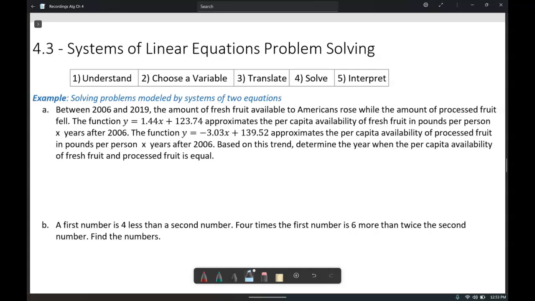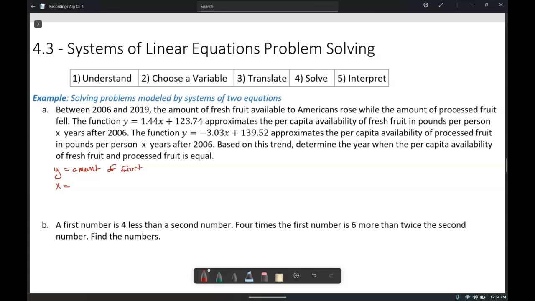But what we're basically looking at is two functions modeling the sale of fresh fruit versus processed fruit. And we have our variables where y represents the amount of fruit. In one equation it represents the amount of fresh fruit, while the other equation represents the amount of processed fruit.